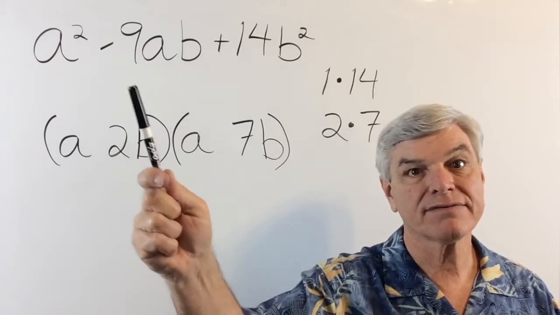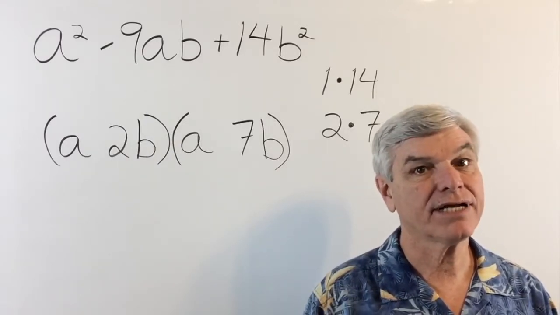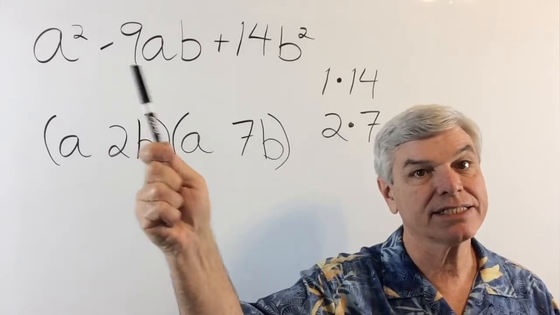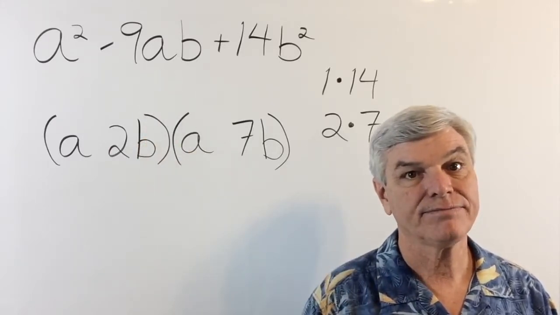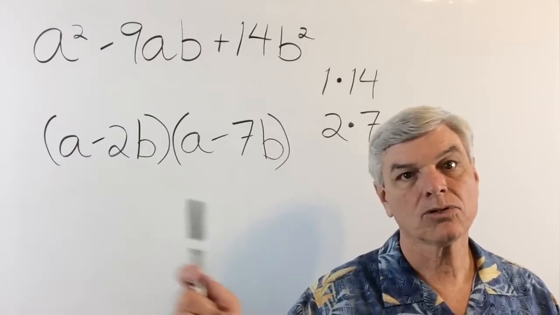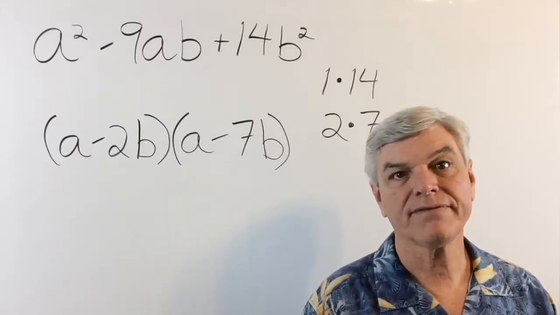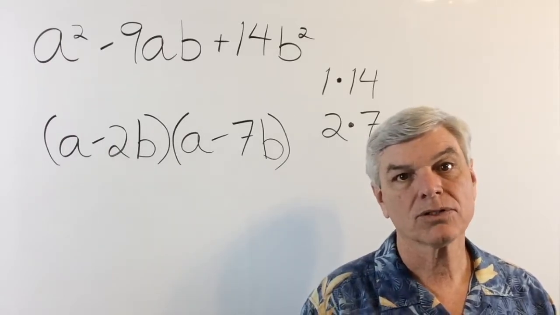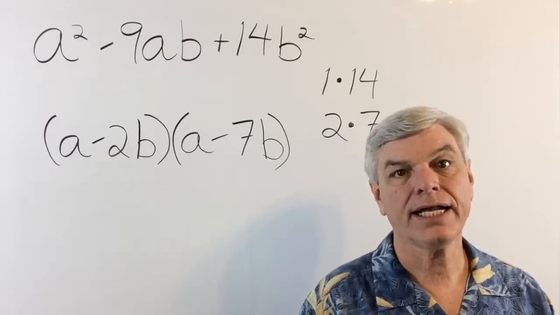Positive 2 and positive 7, that doesn't get us to -9. -2 and -7, that does get us to -9. And if that still seems funny, multiply this out. If you don't believe that this is going to equal our trinomial up here, multiply it out. You know how to do that.